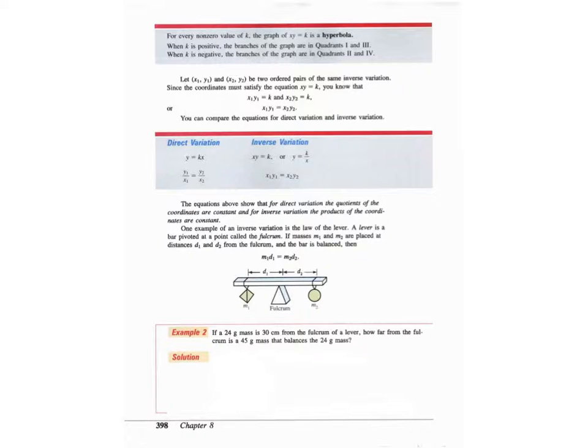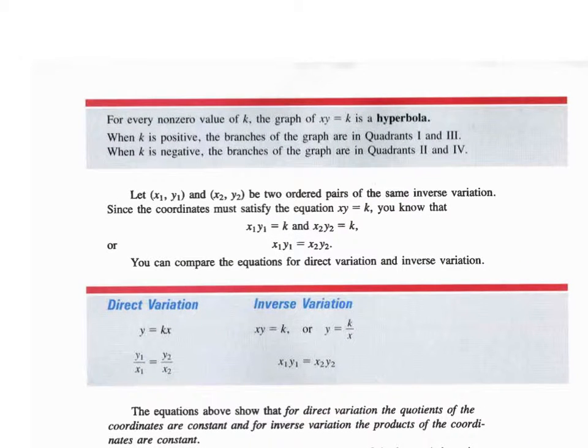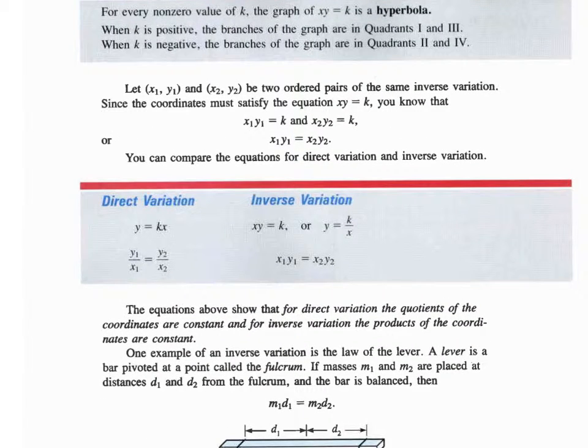So let's look at some examples here on the next page. Here it says, for every non-zero value of k, the graph x times y equals k is called a hyperbola. And again, you can also set it up as a proportion.